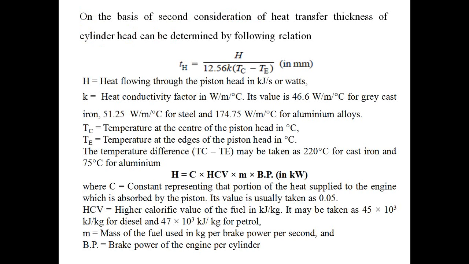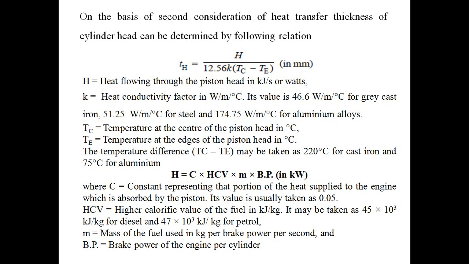And on the basis of second criteria, thickness of piston head can be calculated by using the relation Th is equal to H over 12.56 k (Tc minus Te), where H is the heat flowing through the piston head in kilojoule or watt. The difference of Tc minus Te can be taken as 220 degrees centigrade for cast iron and 75 degrees centigrade for aluminum.